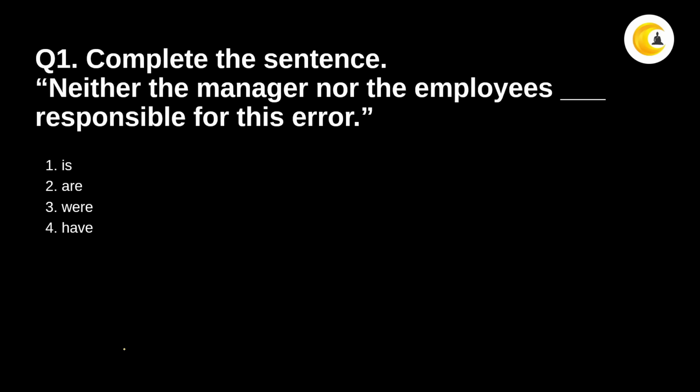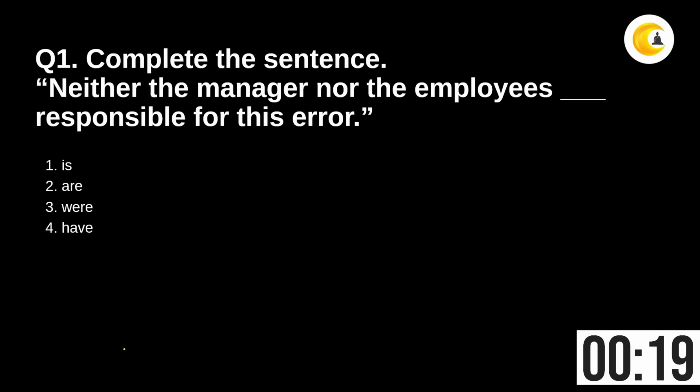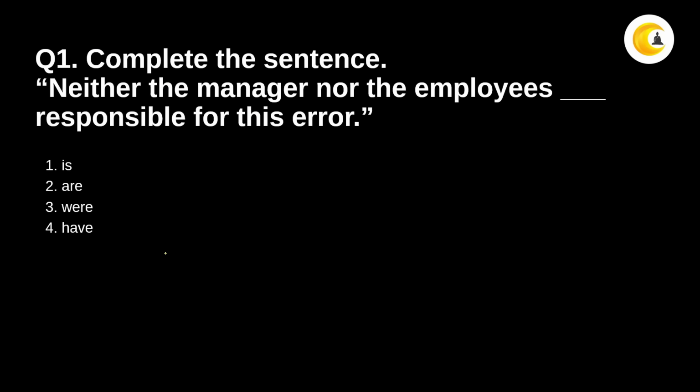All right. The question says complete the sentence. Neither the manager nor the employees dash responsible for this error. All right. So if you look closely at the sentence, neither, okay?